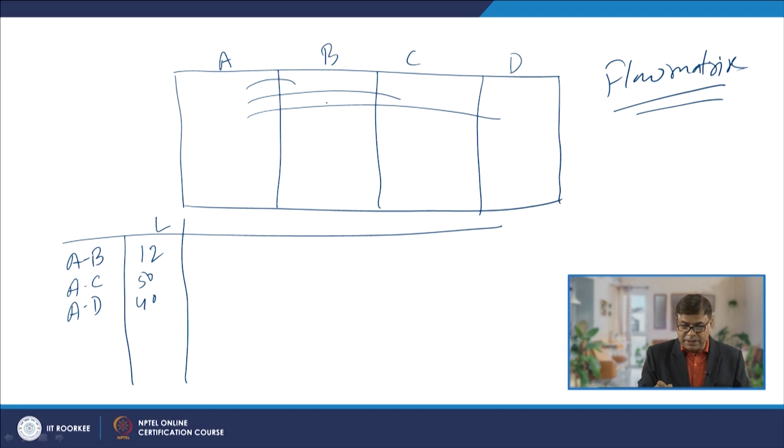Then B to A, we have already seen. Then B to C movement, these are adjacent centers and the frequency of the movement is say 30, and B to D movement or D to B movement, either way, it is 60.